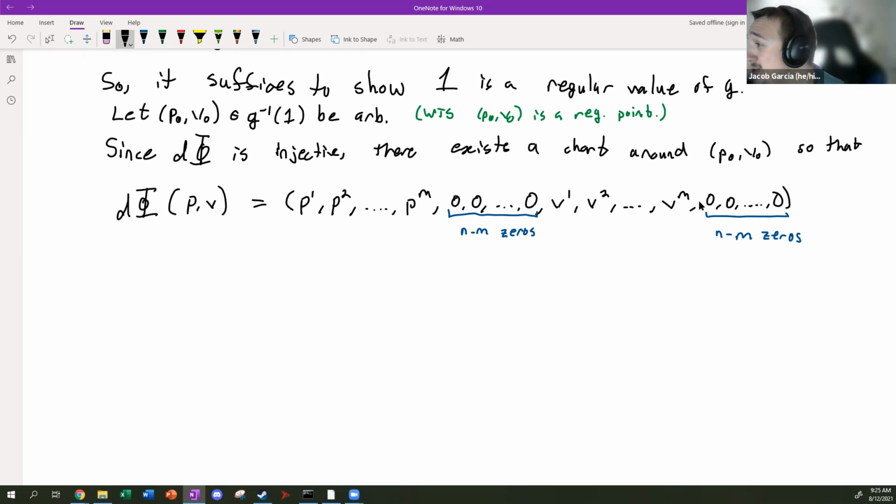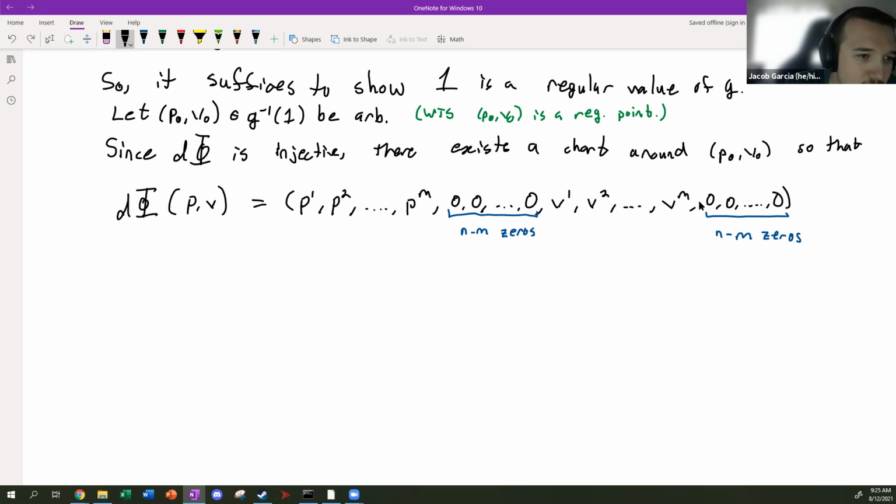And injective differentials are always embeddings because they're linear maps. So the differential of an injective linear map is always injective because it's injective and it's linear. Okay, fine.